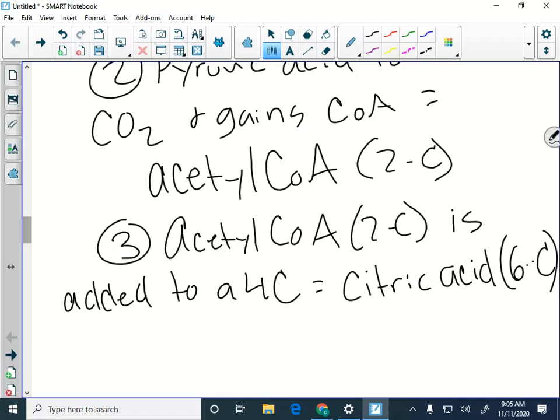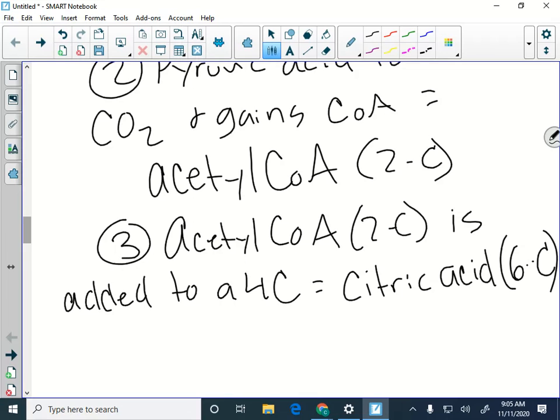Sometimes the Krebs cycle is actually called the citric acid cycle, because citric acid is our first big product in this process. So we had our pyruvic acid, we lost the carbon dioxide, we gained a CoA molecule.